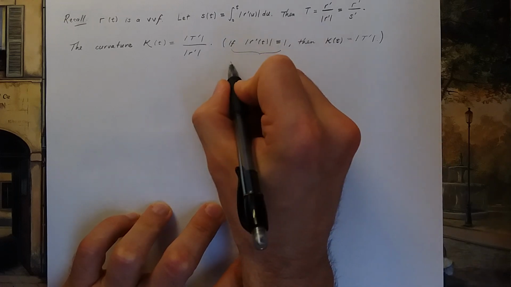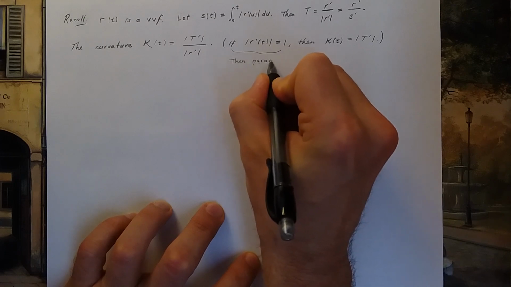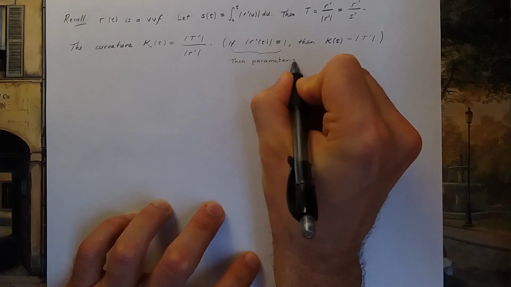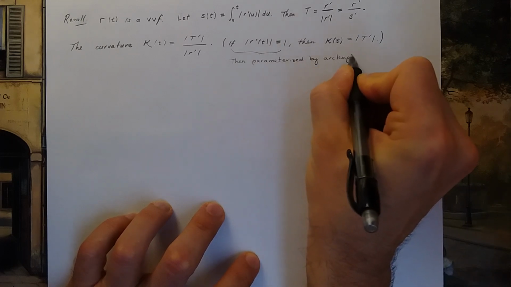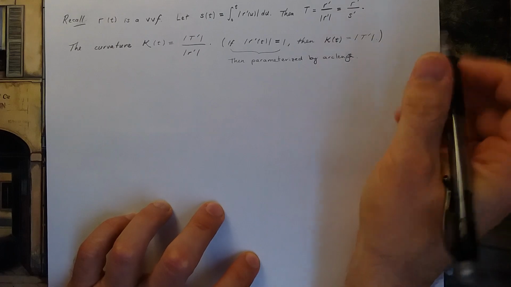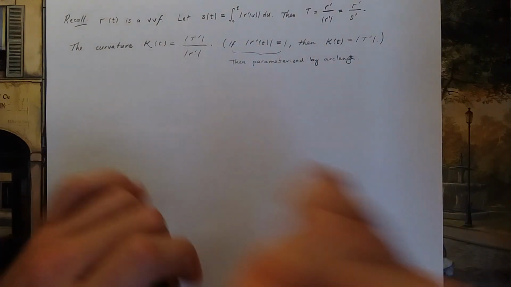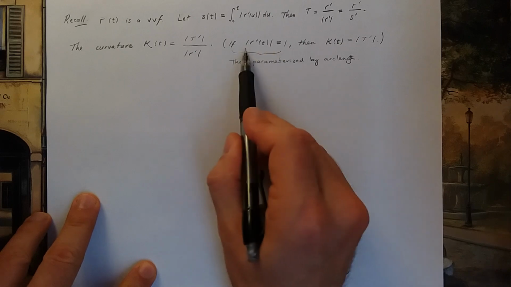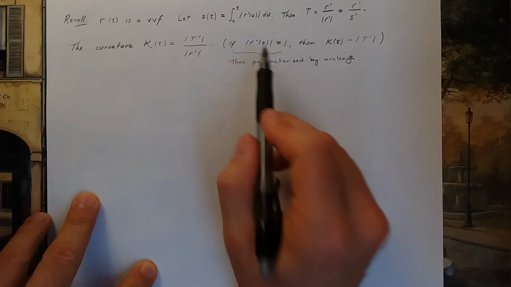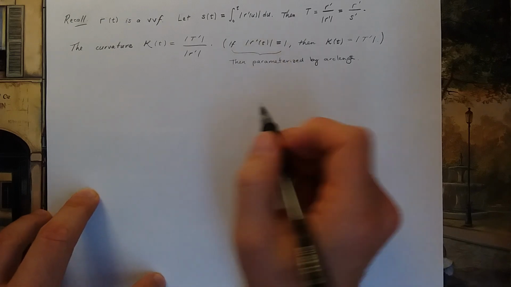So if this is true, then you have parameterized by arc length. Meaning that if you travel t seconds along your vector-valued function, then you've traveled exactly a distance of t meters along the curve. You're tracing the curve at a constant speed. The derivative has magnitude 1. Okay.